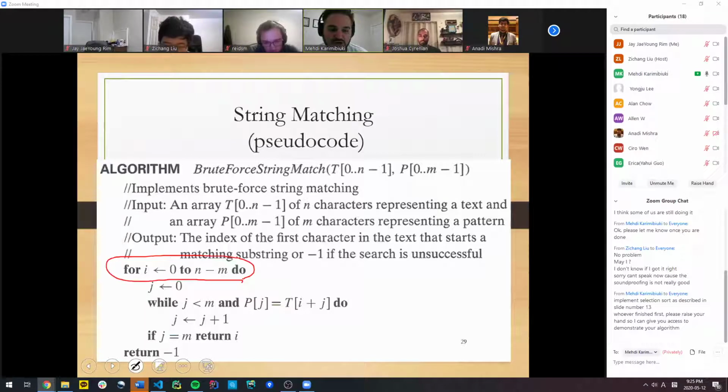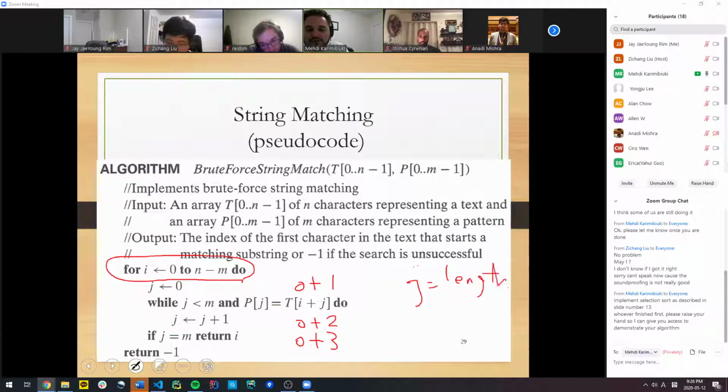So i is starting from 0, and j is being incremented in that while loop, right? So it's 0 plus 1, 0 plus 3, however long the length of your pattern is, right? So j would be up to the length of your pattern.